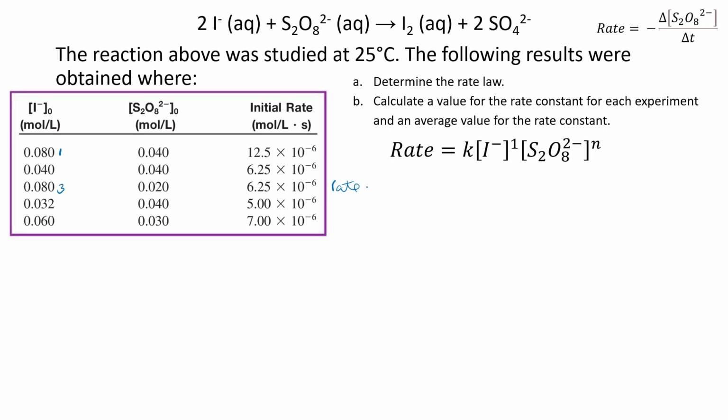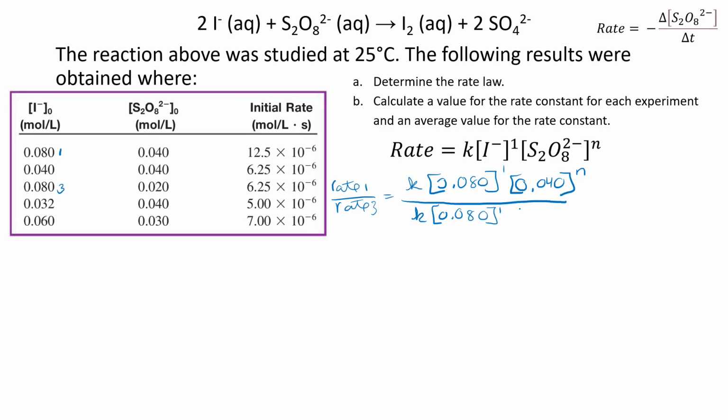So rate of 1 over rate of 3 equals K times my concentration of iodine, 0.080 to the first, times 0.040 to the n, over K times 0.080 to the 1, 0.020 to the n. And so now my K's are canceling, my 0.080s are canceling.